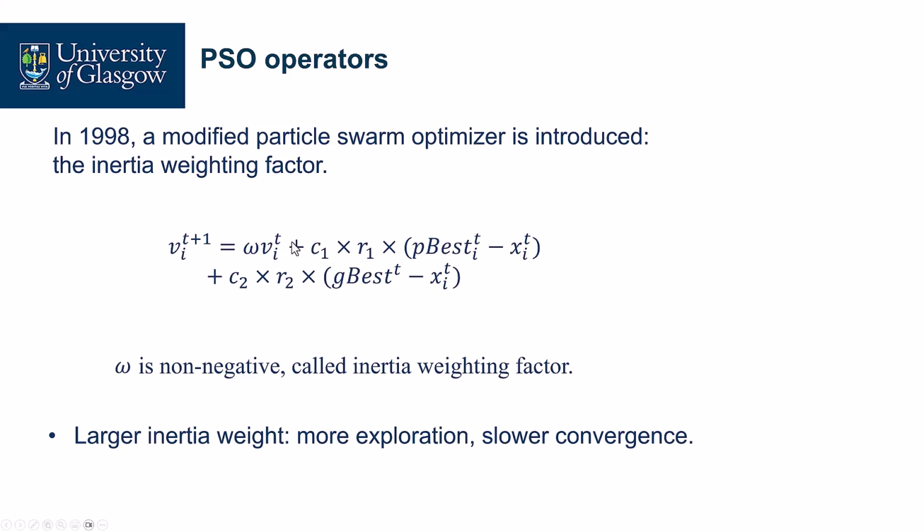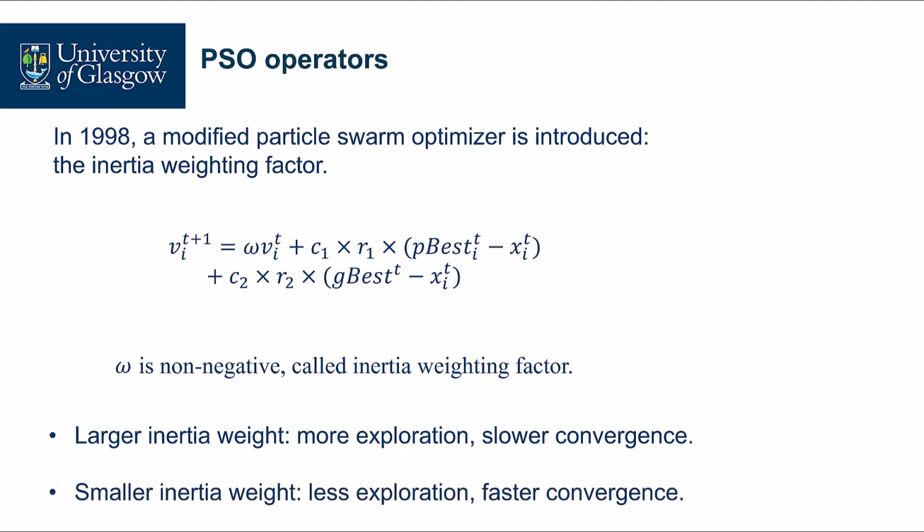And clearly when there is more exploration, we put more effort into detecting the unknown space. It causes a bit slower convergence. So if we use a smaller inertia weight, then we will carry out less exploration, but the convergence will be faster.